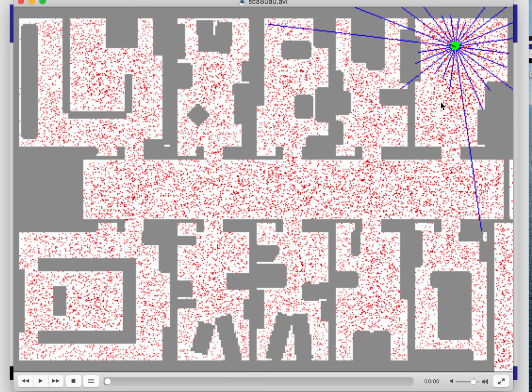There are 24 sensors around here, and they're trying to detect walls. Notice how they're very noisy. This one here goes all the way through this wall and thinks that there's a wall here. This one thinks there's a wall here. These two are sort of accurate. These two at the bottom are reasonably accurate. This is pretty good here. This goes away into the wall. So these are pretty noisy sensors.